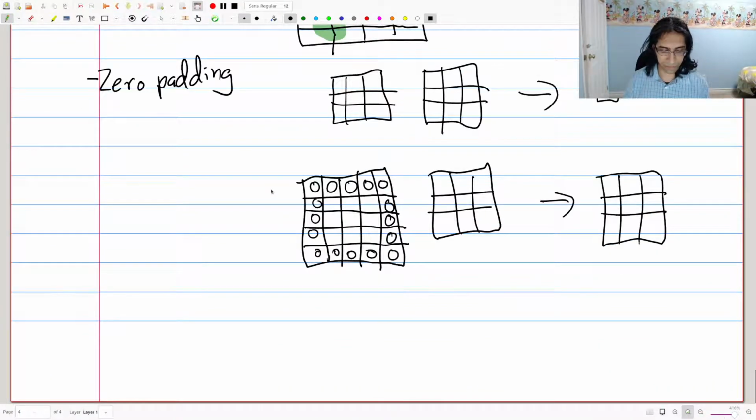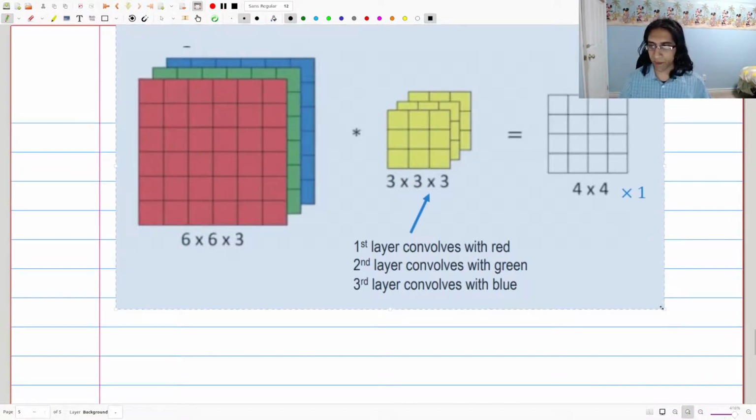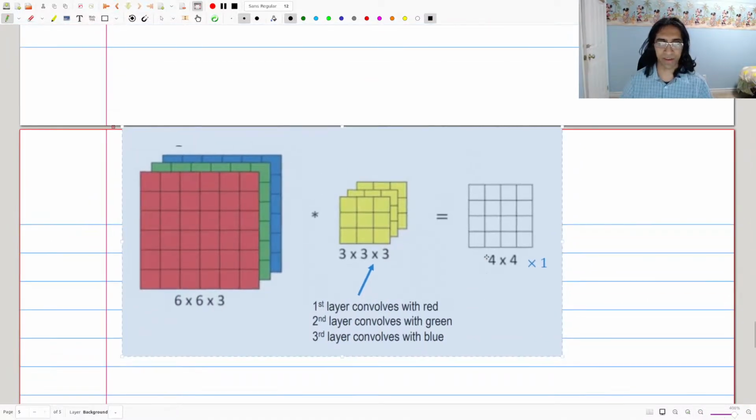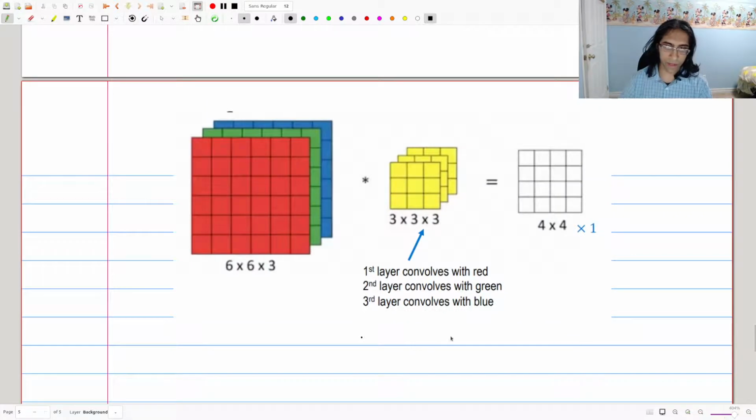I have one more picture to show you. Maybe this is already clear from the discussion so far, but I just want to emphasize, because this is not the most obvious thing and a bit of a technical thing that you have to remember: whenever you're doing a convolutional layer, each filter will have a depth which is equal to the number of channels of the input.